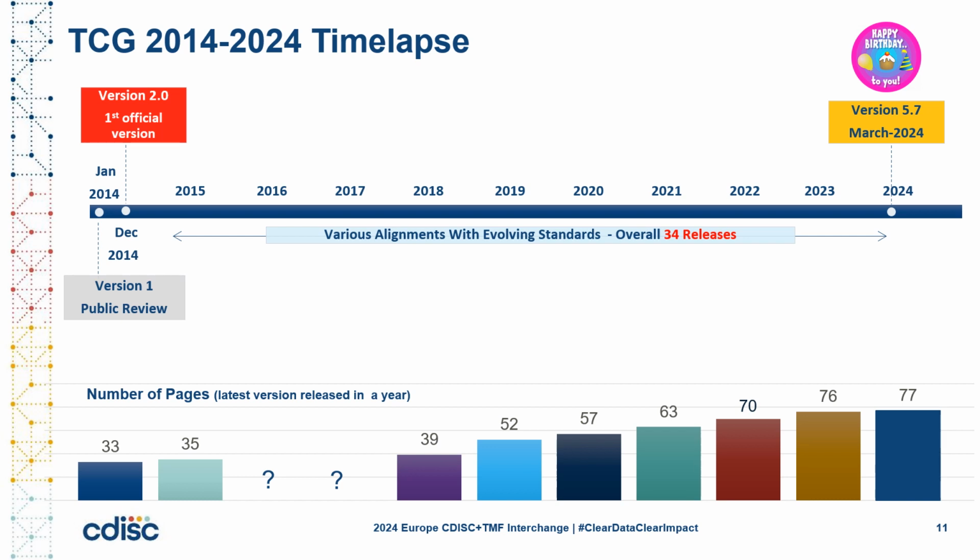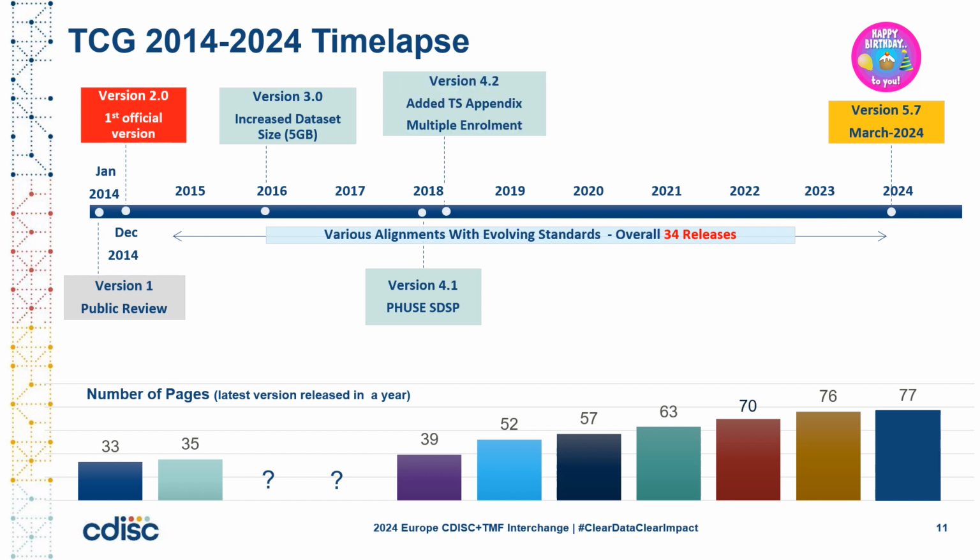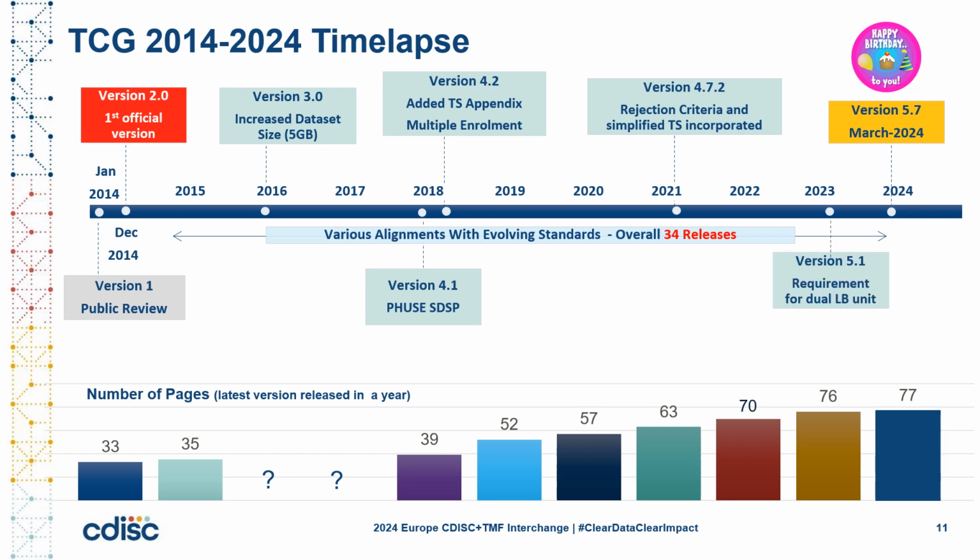So if you start to look at what has changed since January 2014, here you can find what I consider some key milestones, such as the increase of the maximum allowed file size, and so data size, that is still, as of today, 5 giga.